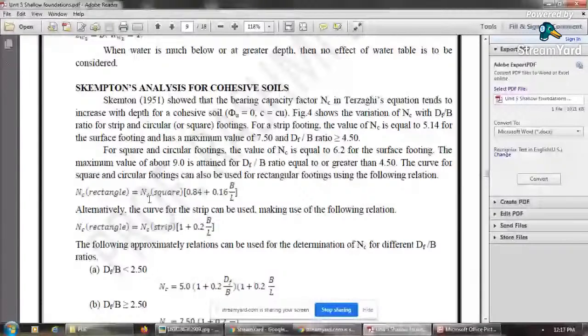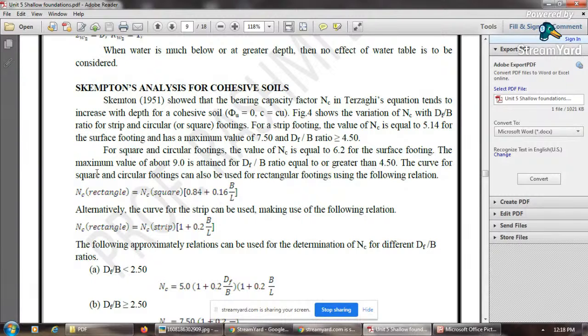For strip footing, the value of Nc is equal to 5.14 for the surface footing, with a maximum value of 7.5 at Df by B ratio equal to or greater than 4.5. For square and circular footings, the value of Nc is equal to 6.2 for surface footing. The maximum value of about 9 is attained for Df upon B ratio equal to or greater than 4.5.